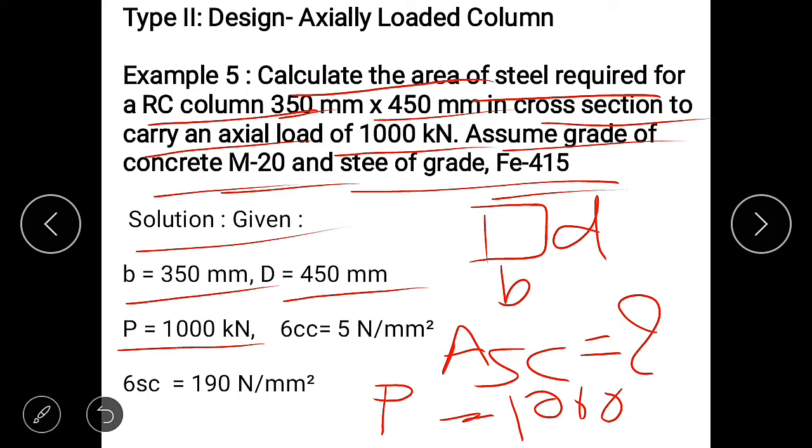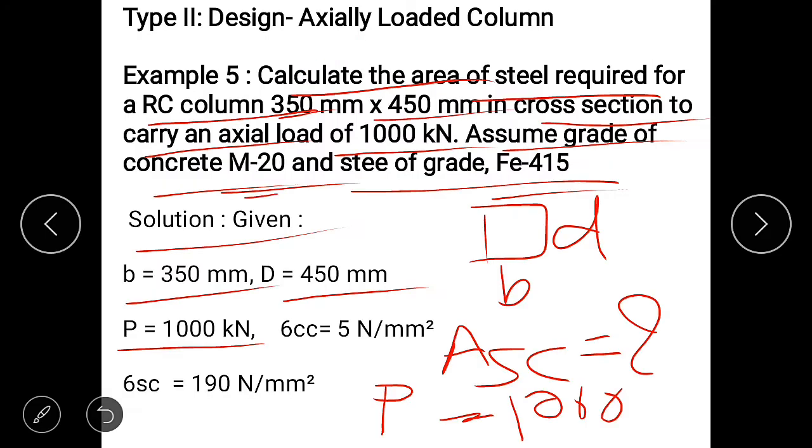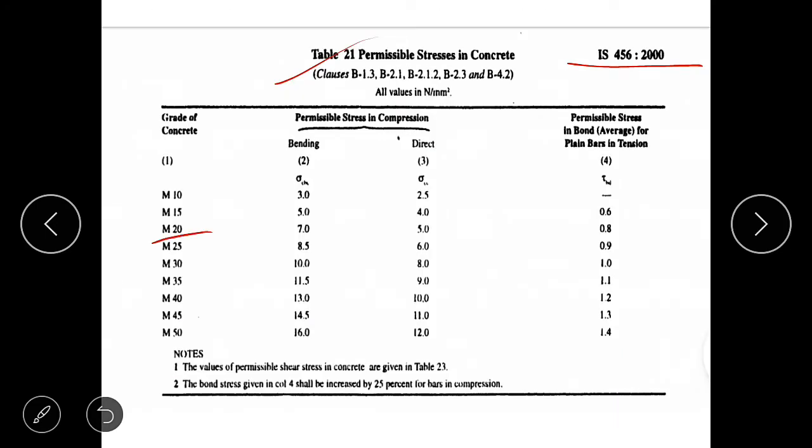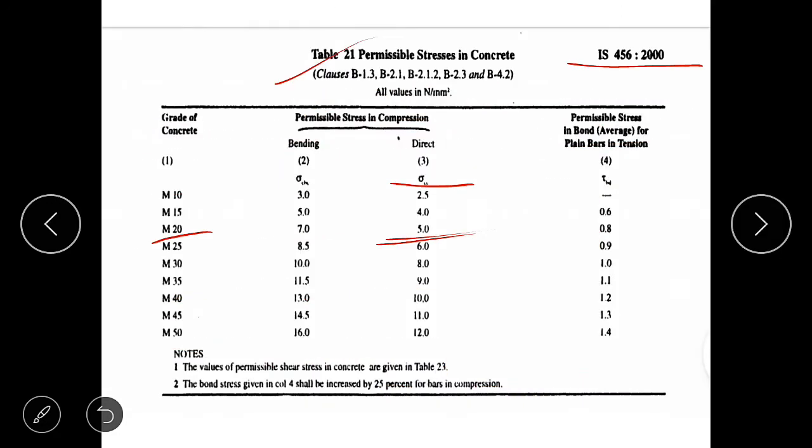So use IS 456:2000, Table number 21. For this, our grade of concrete is M20. So for M20, the direct stress sigma cc is 5.